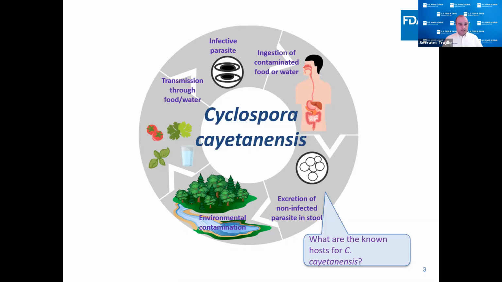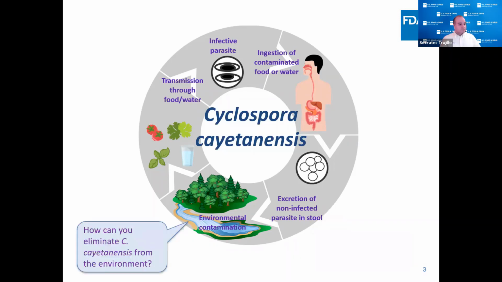Something very important that we have to stress here is that the genus Cyclospora has more species than just cayetanensis, but Cyclospora cayetanensis is the only one that produces the disease in humans. By microscopy, we can see the genus Cyclospora, but to be able to identify it as cayetanensis, we need to go to molecular methods, because all these organisms look alike or are very similar under the microscope.